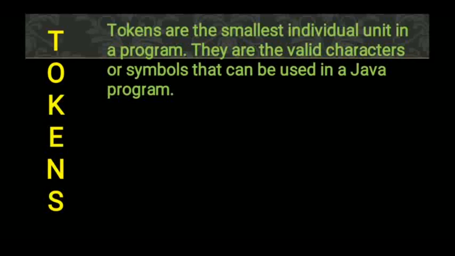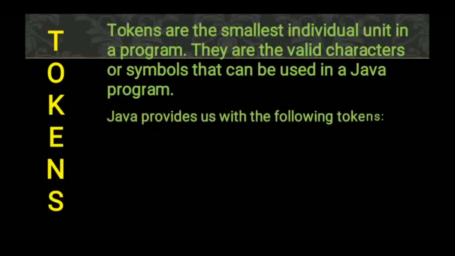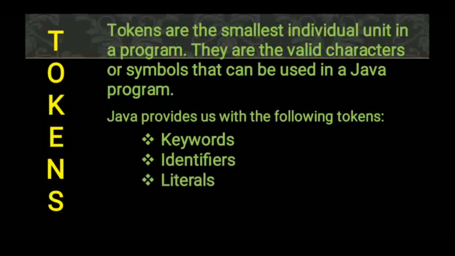It means a token is a fundamental building block of a program that represents a single element of a programming language, and Java provides some different types of tokens. So first is keyword, second identifiers, third literals, fourth punctuators, and fifth operators. So these are the total 5 types of tokens we'll use in Java.